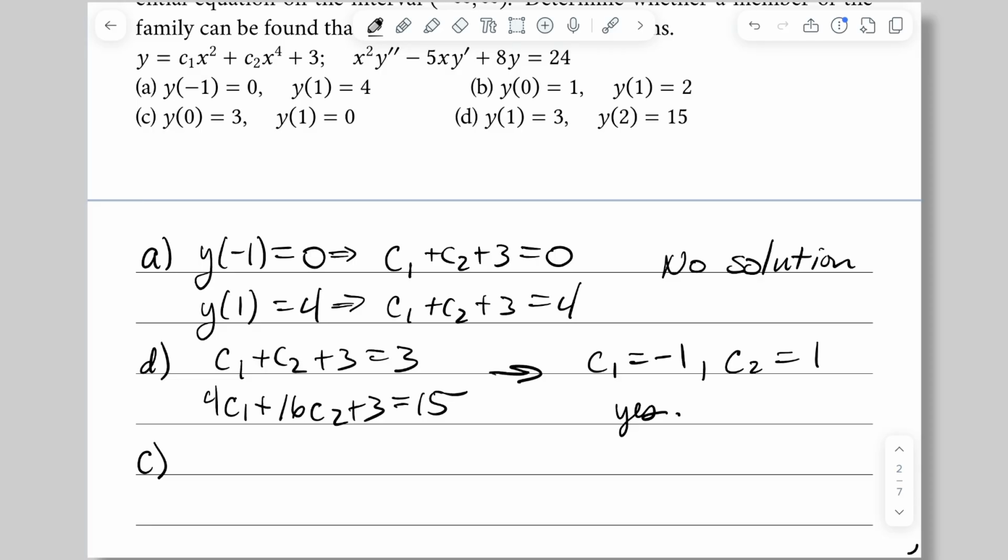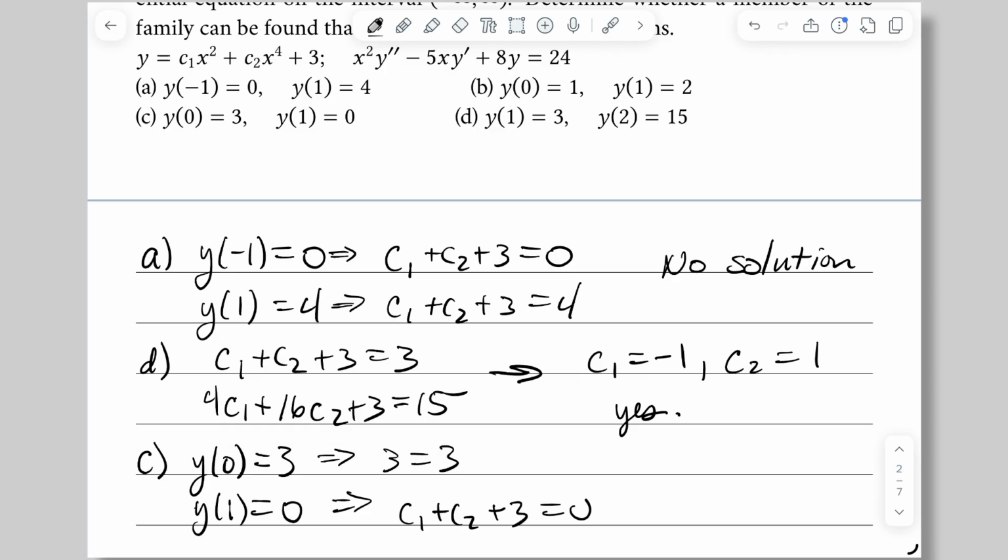Part C offers us an interesting case. The boundary conditions are y of 0 is equal to 3 and y of 1 is equal to 0. y of 0 equals 3 is going to revert to 3 equals 3. y of 1 equals 0 gives us c1 plus c2 plus 3 is equal to 0. That means the only restriction on c1 and c2 is that if you add c1, c2, and 3, you get 0.